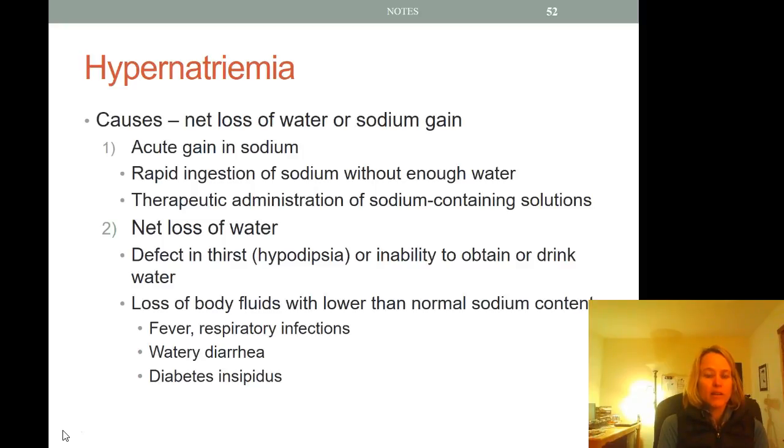Or we could have a net loss of water, and this could be due to a defect in thirst or inability to obtain or drink water. This can also be due to loss of body fluids, where we lose more water than sodium. And this could occur with fever and respiratory infections, watery diarrhea, and with diabetes insipidus.